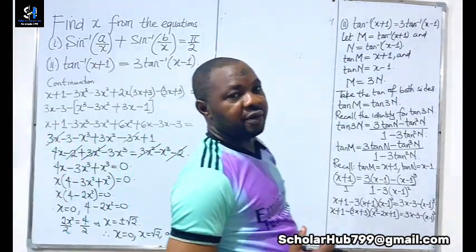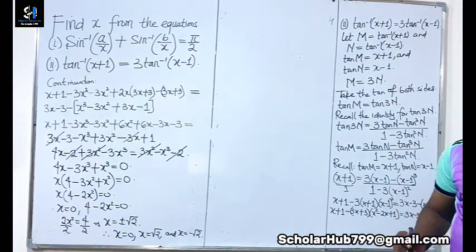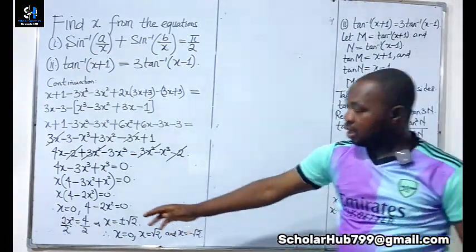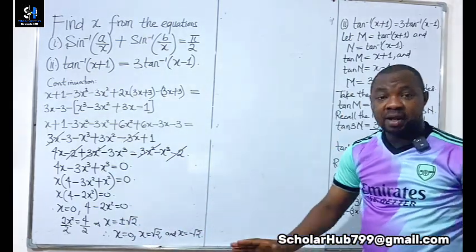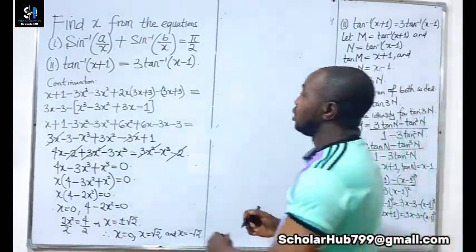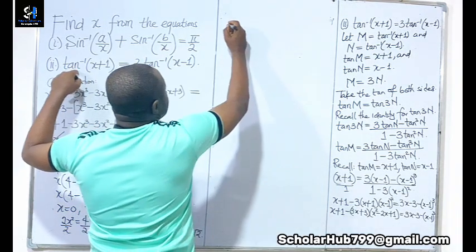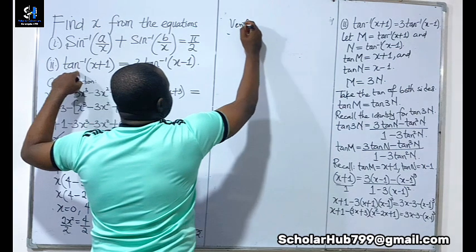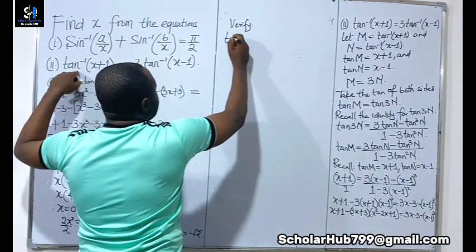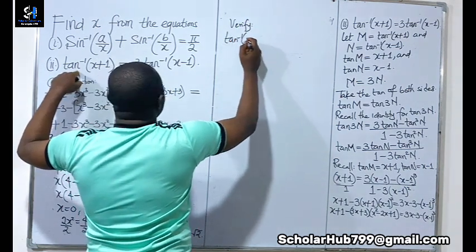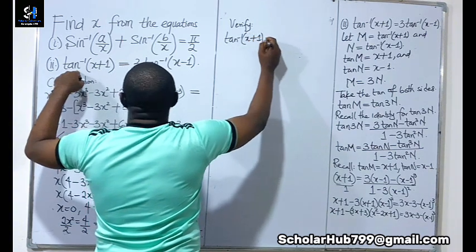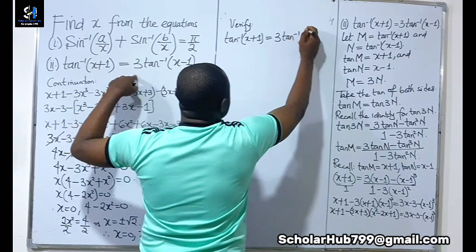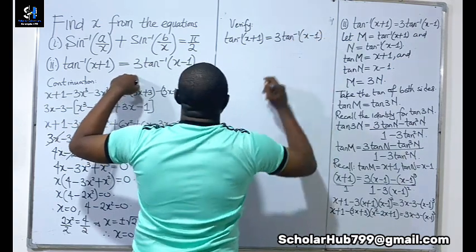Now let's verify our solution, because we need to find out which one of these three is not a valid solution for equation 2. We are given inverse tan of x plus 1 equals 3 multiplied by the inverse tan of x minus 1.